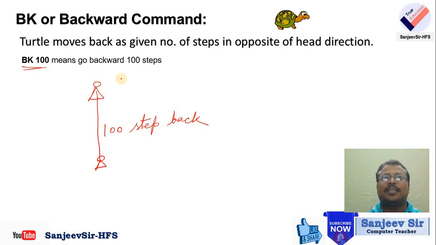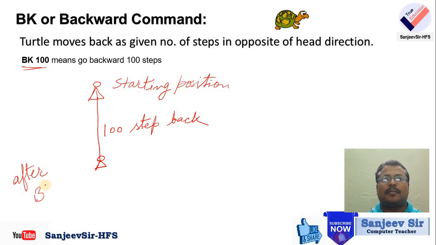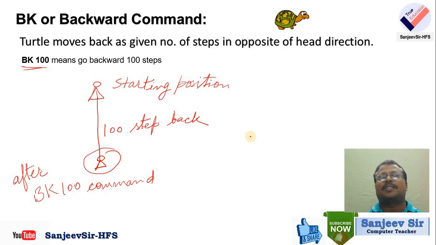This is the starting position, and after applying the command BK 100, turtle is at this position. That means turtle will draw the line in a back direction.